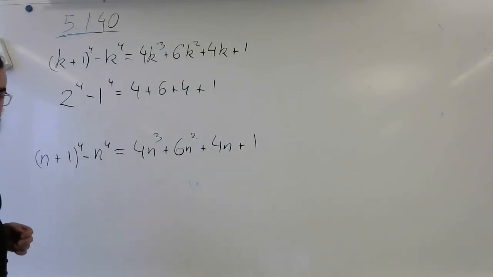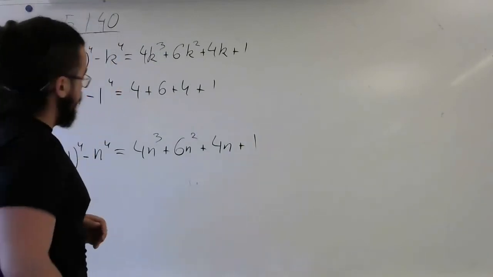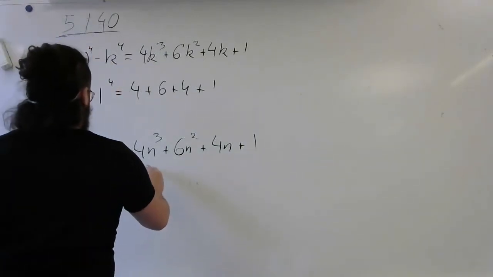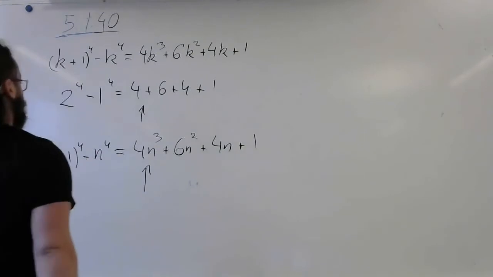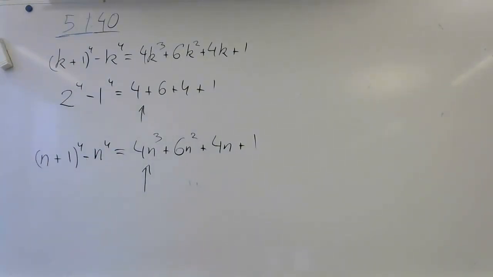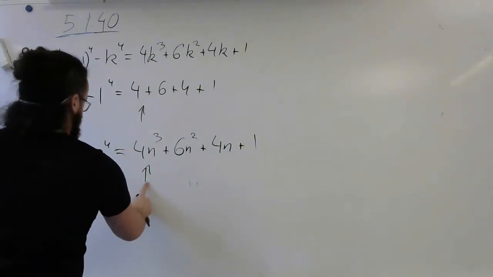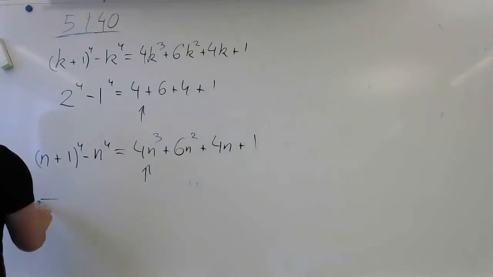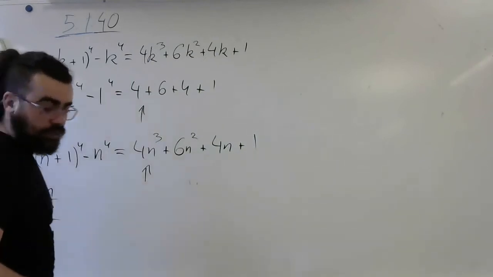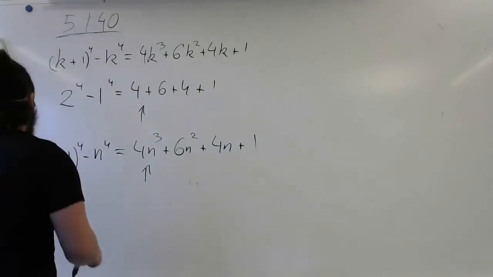So what we want to isolate here is the sum of the cubes. In order to do that, I'm going to write this down as a sum using sigma notation. It starts in 1.